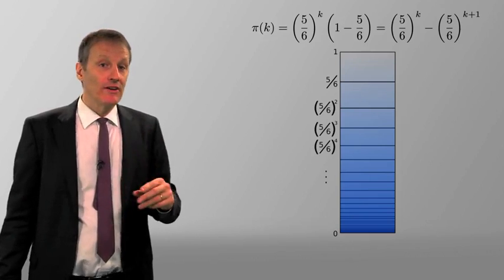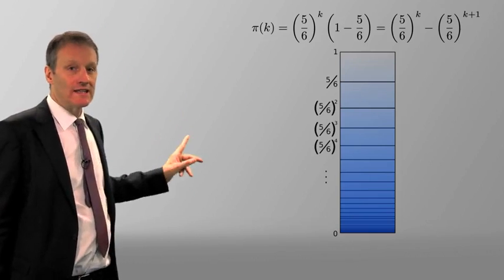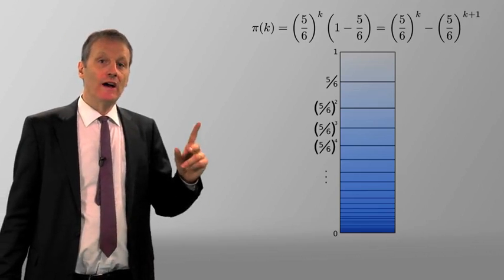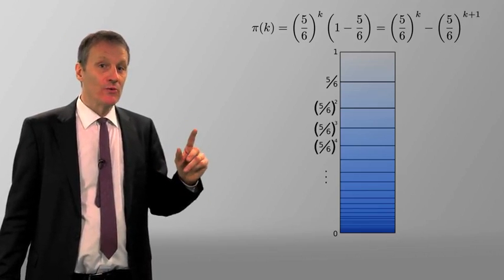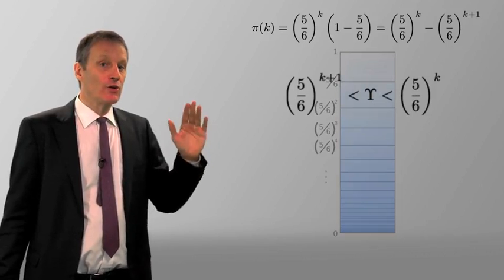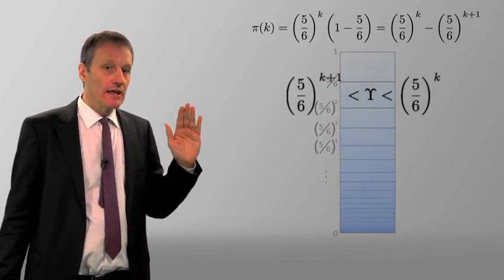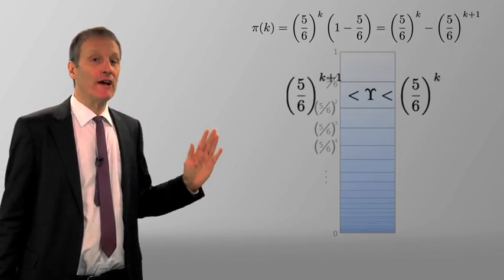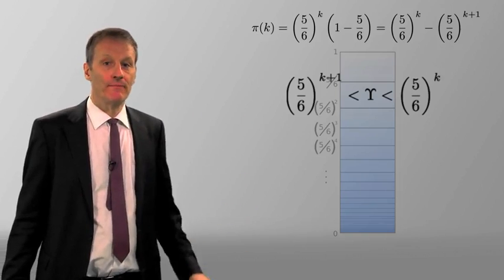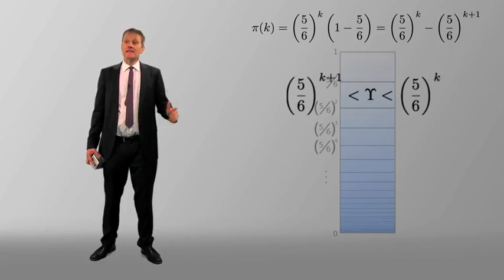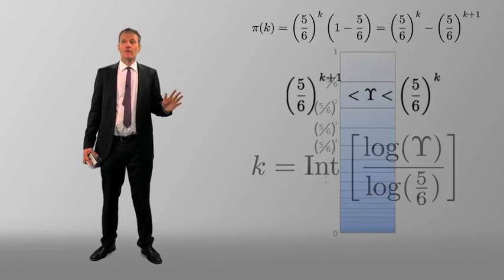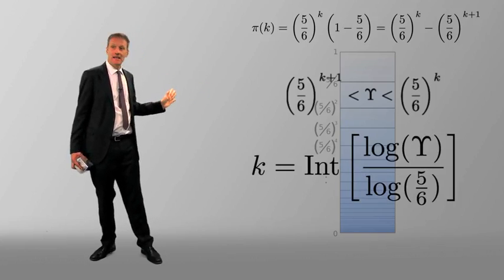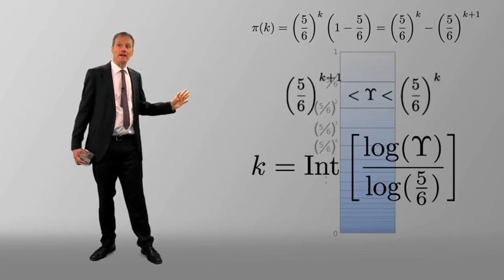To find out the number of times we have to wait, we have to compute the box, which means (5/6)^(k+1) is smaller than the random number, which is smaller than (5/6)^k. Taking logarithms, we find that k is the integer part of the logarithm of the random number divided by the logarithm of 5/6.